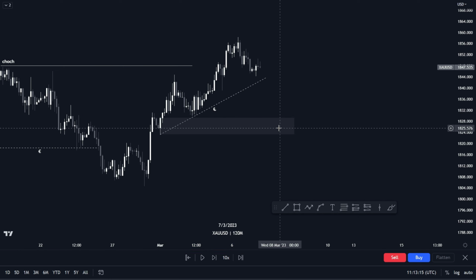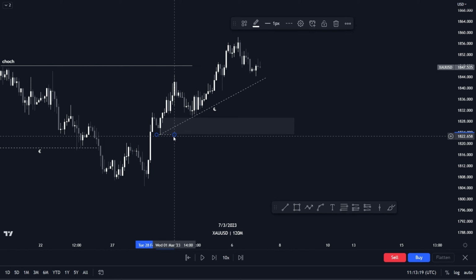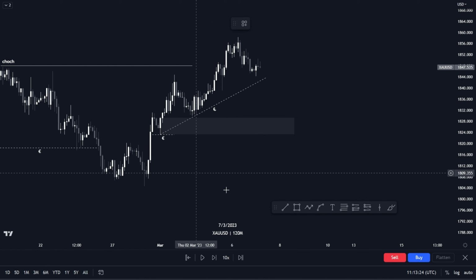The reason why you cannot take your trades here is because this can act as a liquidity inducement trap, because we have imbalance here.